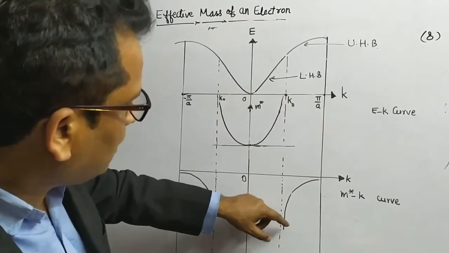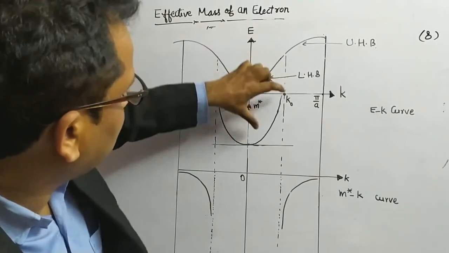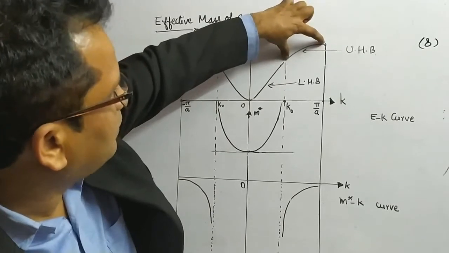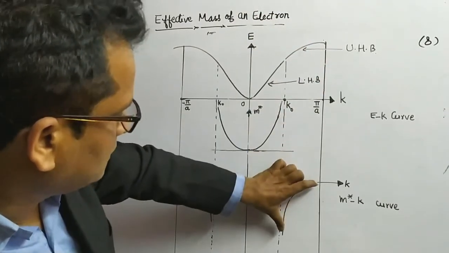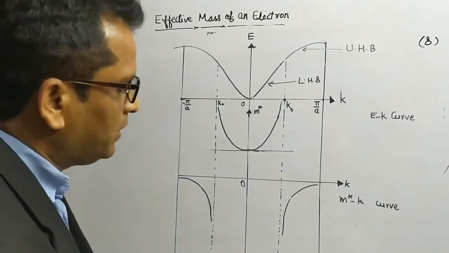So in the lower half of the energy band, the effective mass is positive, and in the upper half band of energy, the effective mass is negative. This is one important fact from the m-k curve.